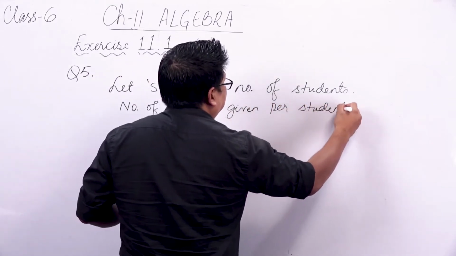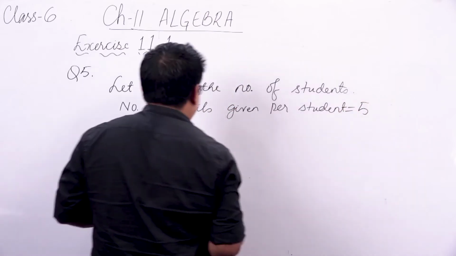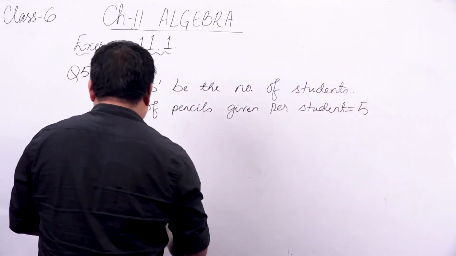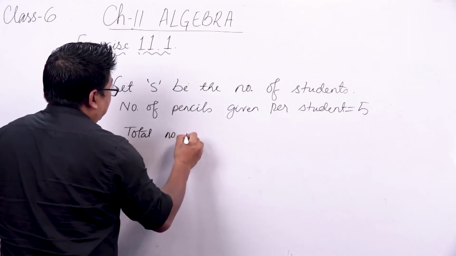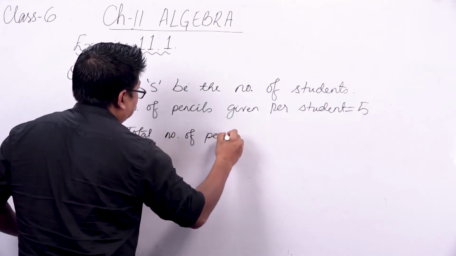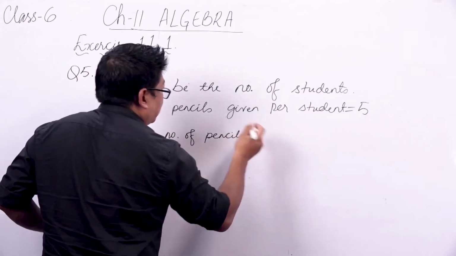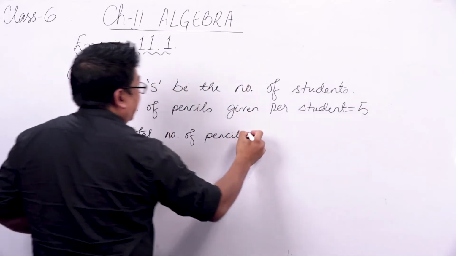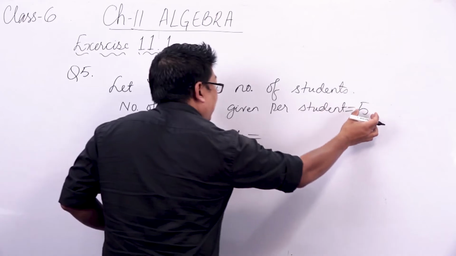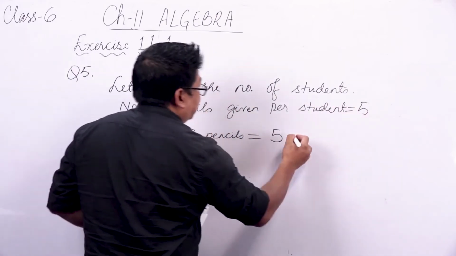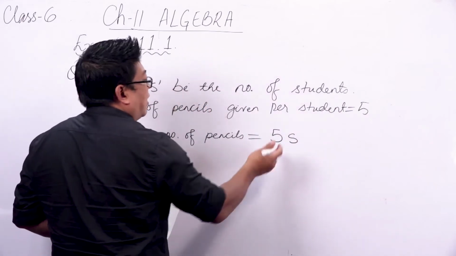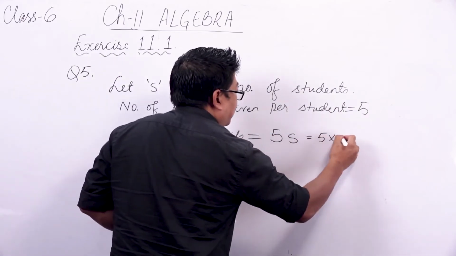So each student received 5 pencils. So we can say the total number of pencils given to S students is one student receives 5 pencils and this is the number of students. 5S simply means 5 into S, okay?